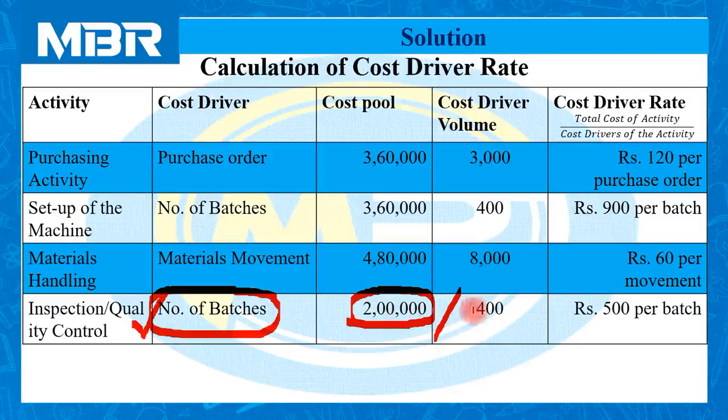So 2 lakhs divided by 400 is equal to rupees 500 per batch. The expenses on quality control inspection will be transferred to the concerned batch or job based on the rate, and the rate is rupees 500 per batch.